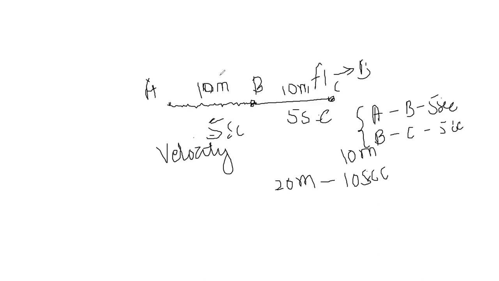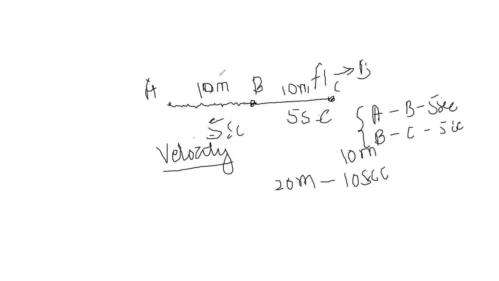So this one is your uniform motion. Uniform motion means the body is traveling with a constant velocity, whereas non-uniform motion is opposite to that of uniform motion.